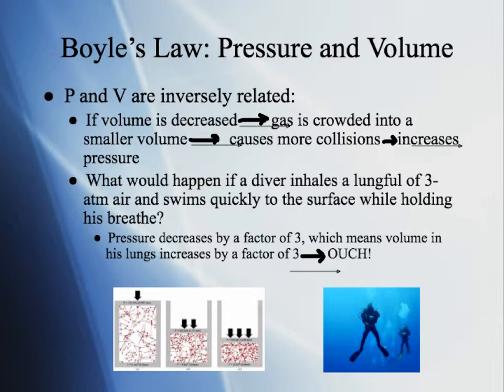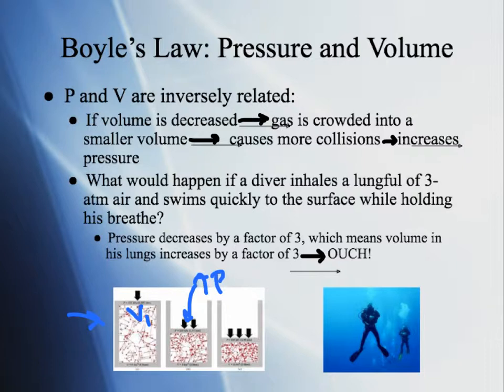If volume is decreased, that means the gas is crowded into a smaller space, right? So if we take a look at this picture down here, here's our original volume. Okay, and if we put pressure on it, if we increase pressure, we're going to decrease the volume, the space in there.